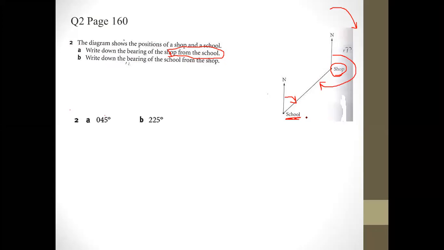How can I measure a big angle like this one? It's more than 180 degrees. How can I measure that? Simply, as we said, we measure the small part here, this obtuse angle, okay? And we will subtract it from 360 degrees. So this is how we go through the bearing. Remember that we always go due north, clockwise direction, and we write our answer in 3 figures.